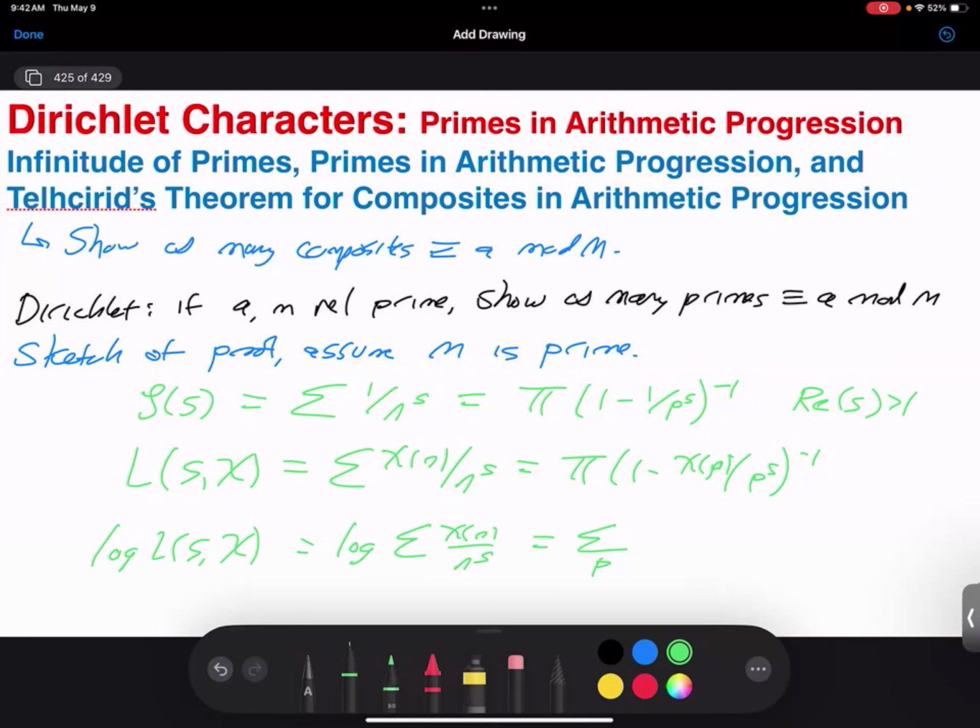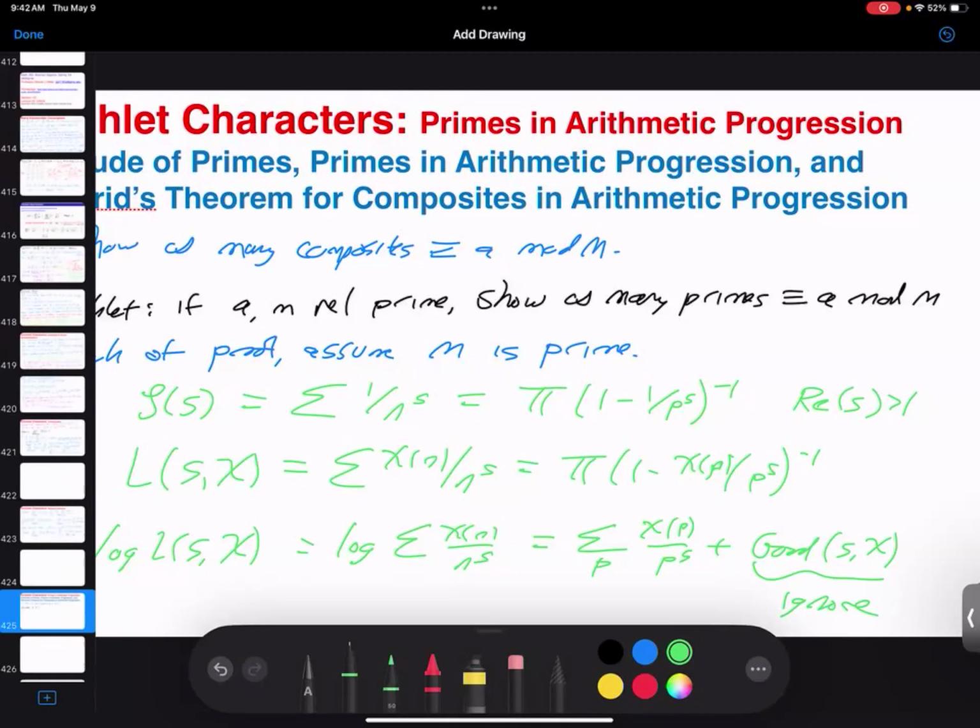I'll get chi of p over p to the s plus something good, and we're going to ignore this. Okay, so is everybody comfortable that the main term is going to be chi of p over p to the s, and then we'll have good stuff? This is just exactly what we did for the Riemann zeta function. We just expanded out. Okay, now here's where things get beautiful.